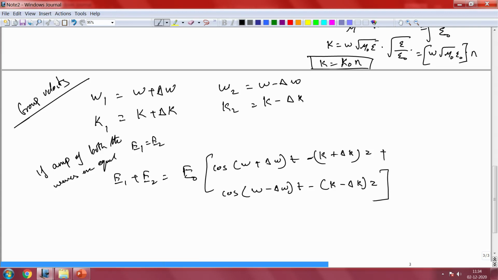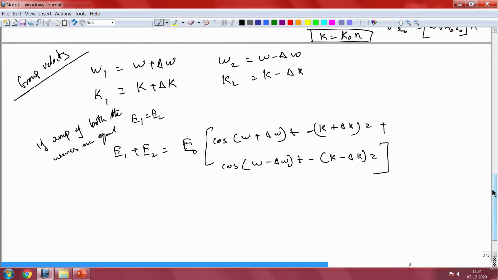So this is how your wave is going to propagate, a very simple cosine representation. The waves are moving together, so how is it going to look?